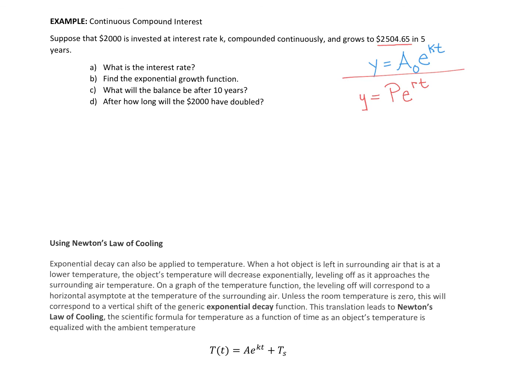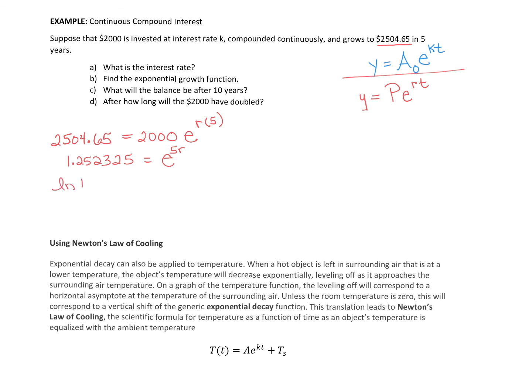So we're going to say 2504.65, that's how much we'll have at the end of the time period, is 2,000 e to the r times 5. So we'll start by dividing by 2,000. I get 1.252325. And I'm not rounding that because I don't want any compounding error. Now I'll write this in logarithmic form.